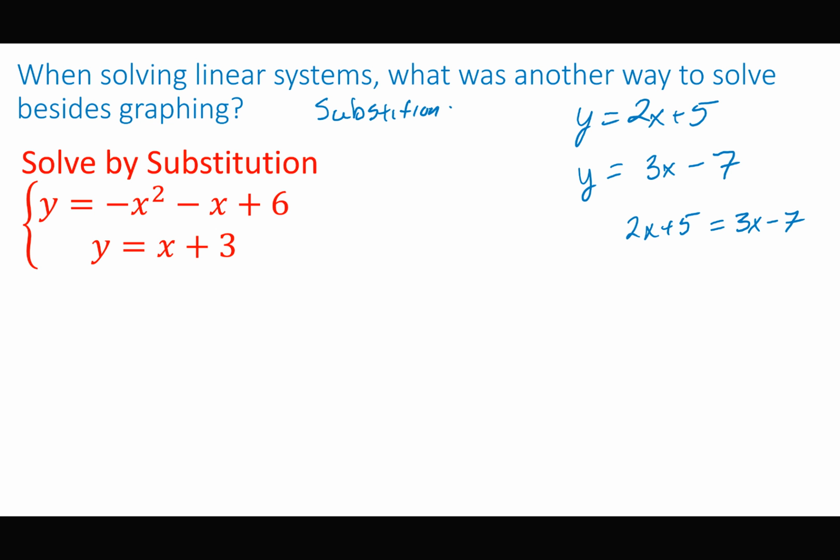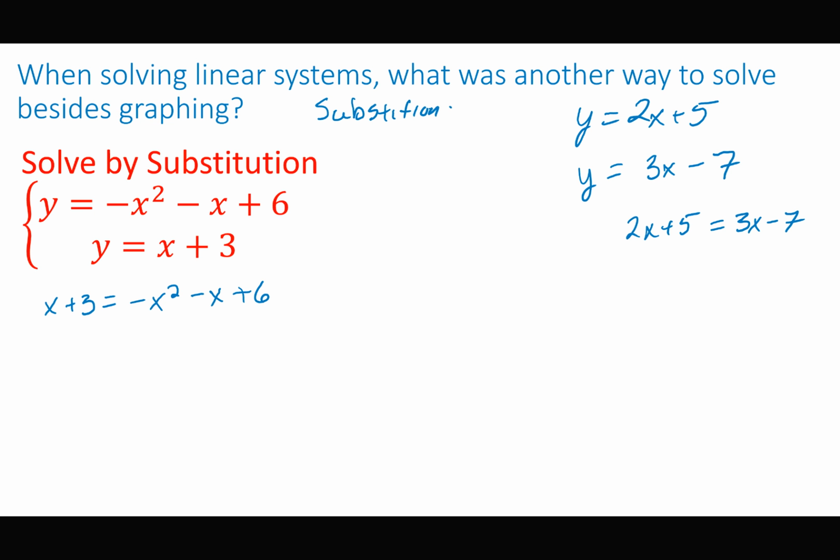So now I have y equals negative x squared minus x plus 6, and also y equals x plus 3. So if I wanted to solve this using substitution, I'm going to set these equal to each other. So x plus 3 equals negative x squared minus x plus 6. All right, I'm trying to solve for x.